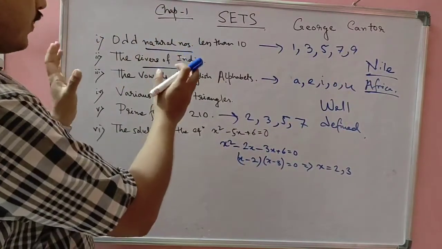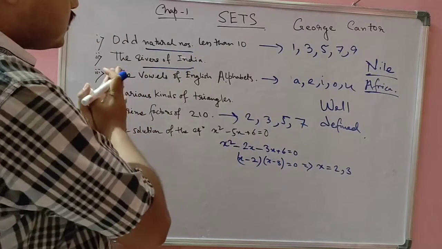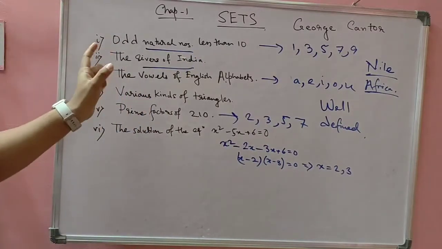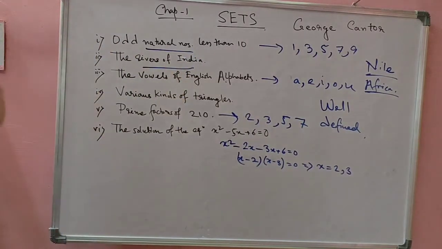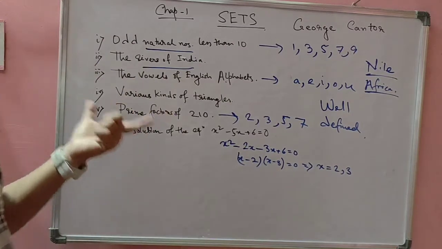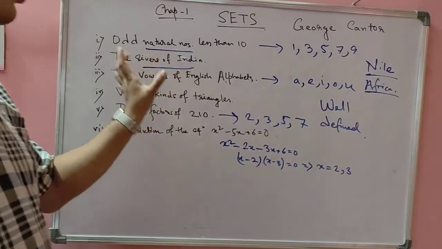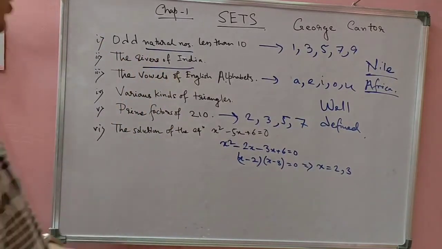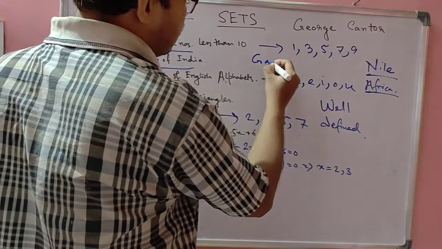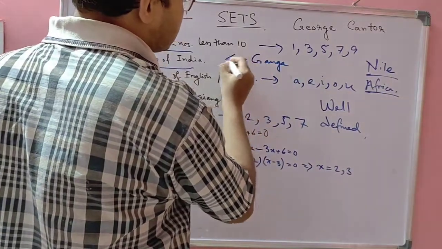This collection is well defined because it particularly says rivers of India, so only the rivers that are in India will belong to this collection. So Ganga will be in this collection.